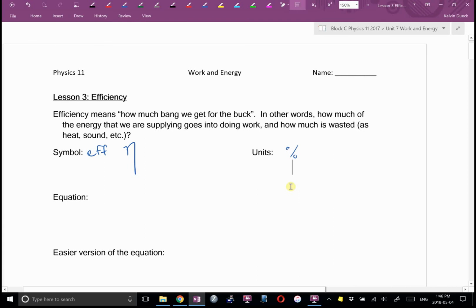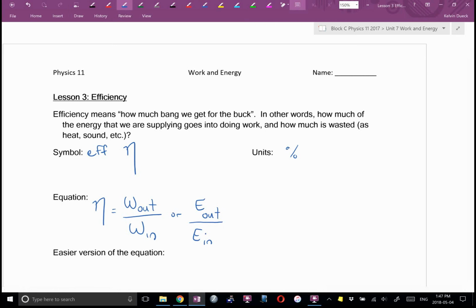How do we calculate efficiency? Efficiency is the work you get out divided by the work you put in. Or the energy you get out divided by the energy you put in.